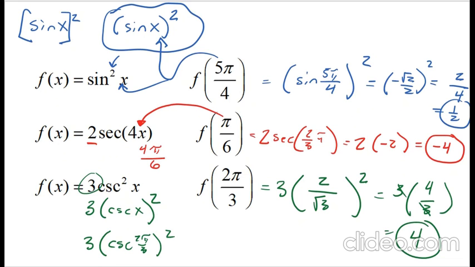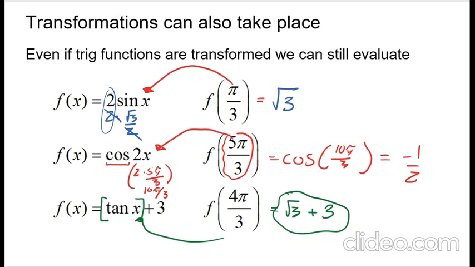These problems I don't think are extremely difficult, but you have to, A, follow order of operations, and B, truly understand, like on this one right here, when you plug pi over 6 in, order of operations says you have to multiply it by 4 first, then find the secant. Whereas on a question like this first one right here, once I plugged pi over 3 in, I was done. Now I have to find sine of pi over 3. Then I multiply that by 2.